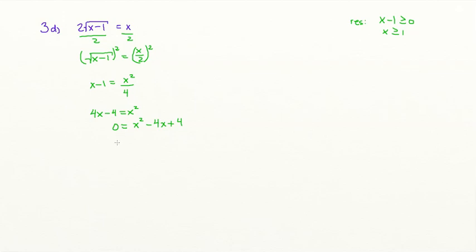So I have to factor this one now. Two numbers that multiply to 4 and add to negative 4. So x minus 2 equals 0. Now that's going to be the same. X equals 2 is my answer.